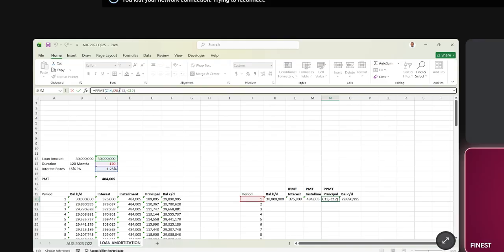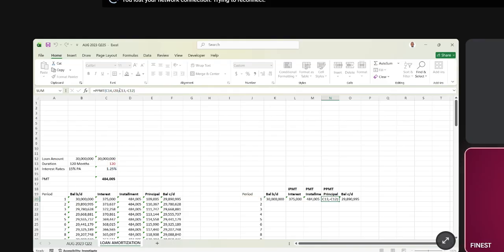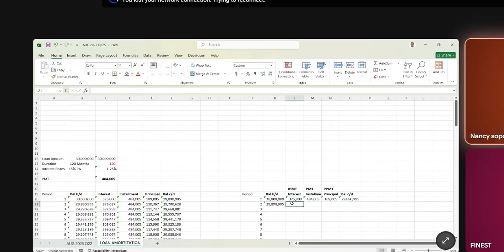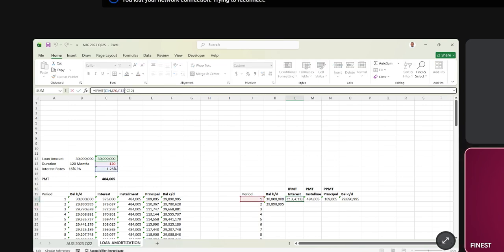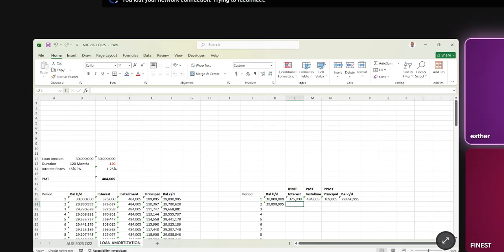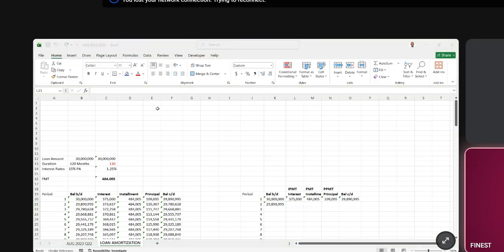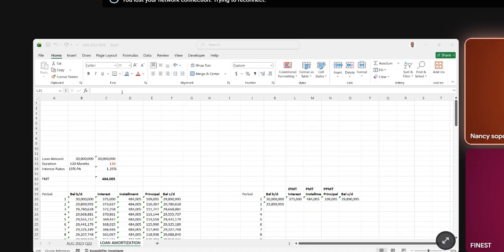Are we okay, guys? Now, the next one, we just refer, so the closing becomes the opening. For IPMT, which one is remaining constant? The PMT. PMT is constant throughout until the 120th year.